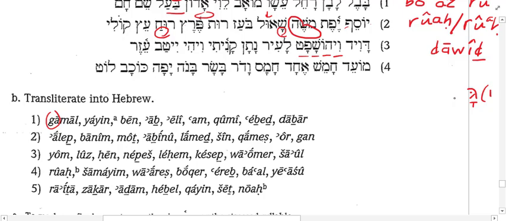And I have a mem. Since this is not the final consonant, the mem goes like this, non-final mem. Another qamets, long A, and then a lamed. Start above the line and then move around. So there is gamal.